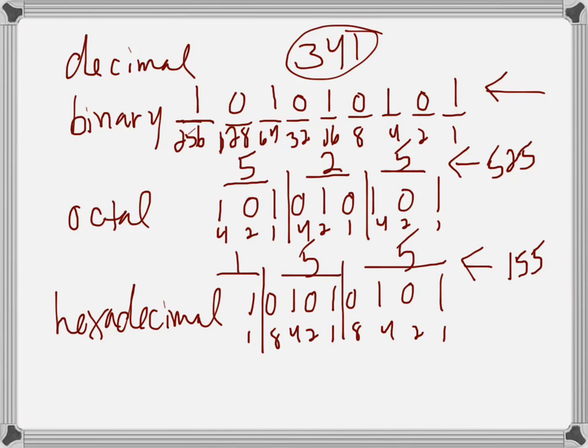Didn't need to use any letters because we never got up to 10, to A. So I wrote the decimal in binary, and instead of trying to convert decimal into octal, and then decimal to hexadecimal, I can just go from binary very easily to octal and hexadecimal. Hopefully that makes sense on how to convert.